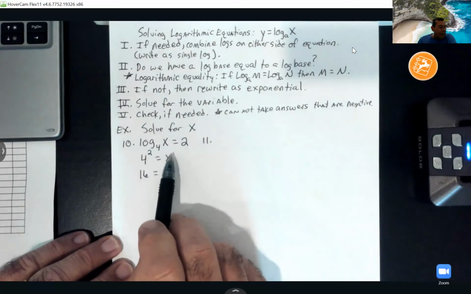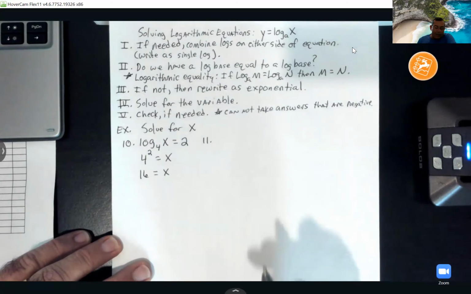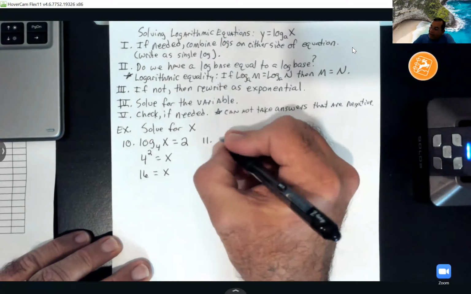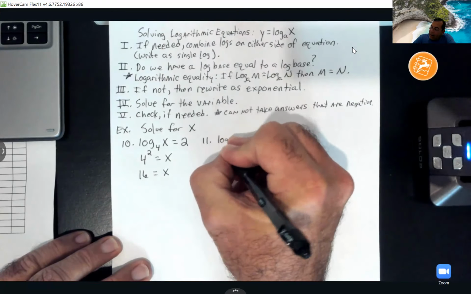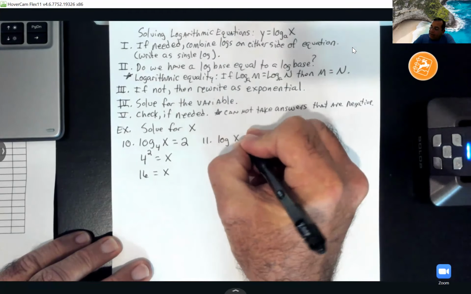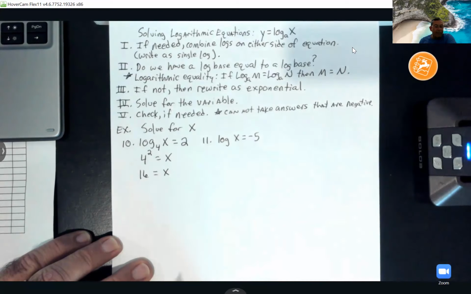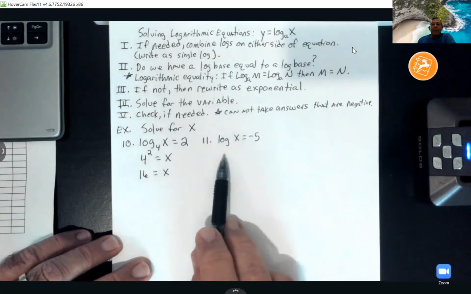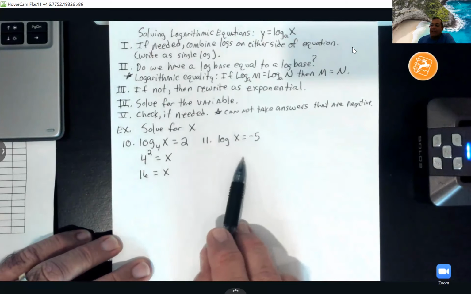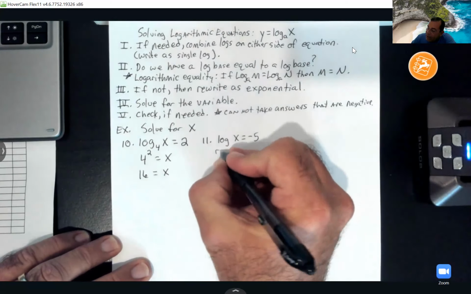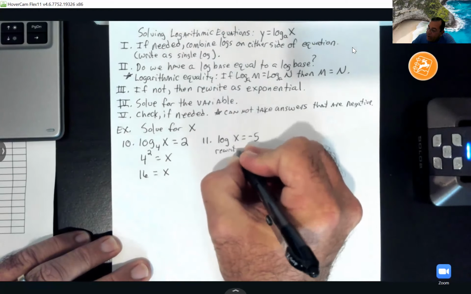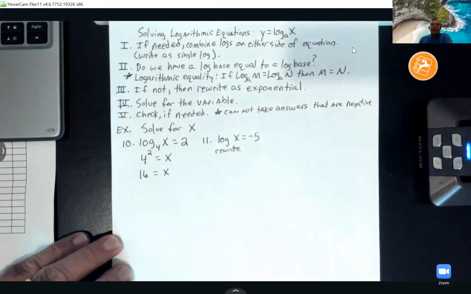So some of these won't be bad. Now, they're going to throw more work at us. Like this number 11. I've got log of x equals negative 5. So this one I'm going to rewrite as exponential.